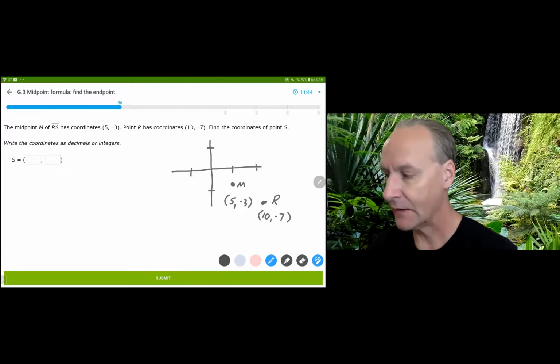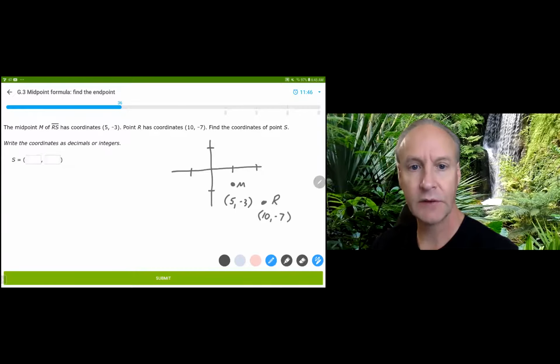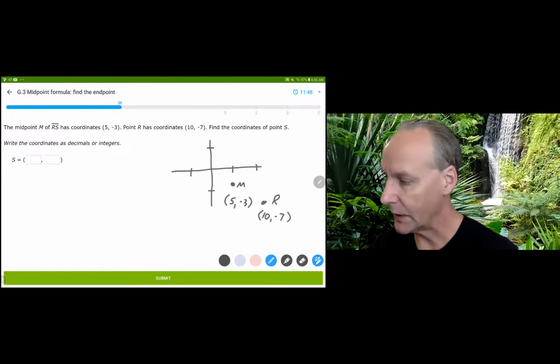Now, if you happen to have a graph, you could literally count up from R to M, which is 4 up, because I'm going from -7 up to -3. If you like, on the y values, there's 10. Here's my -7.